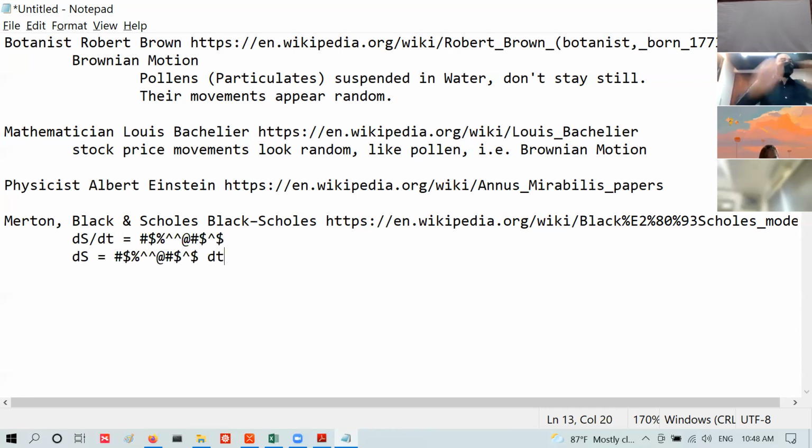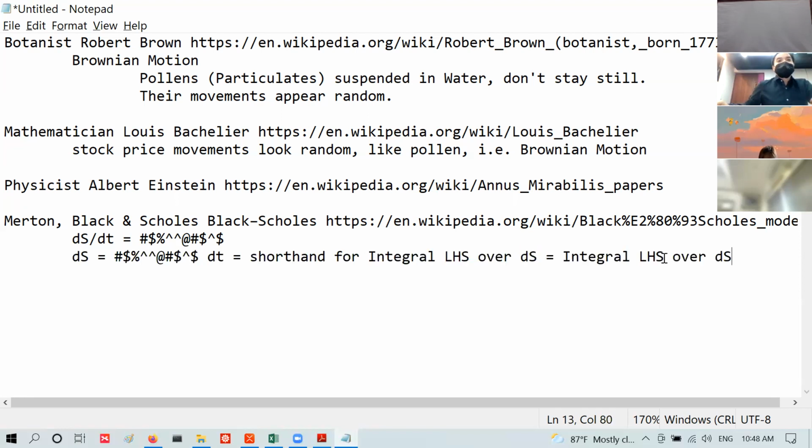Well, this is actually a shorthand for integral over ds on the left hand side. Okay, just so you know. Technically you can't separate ds dt, but this is what it means.